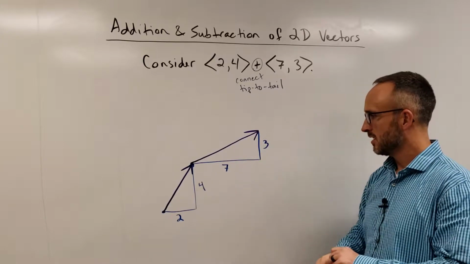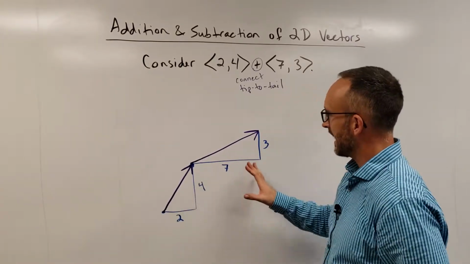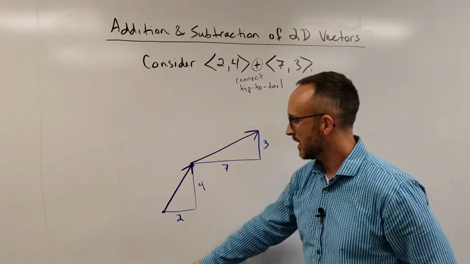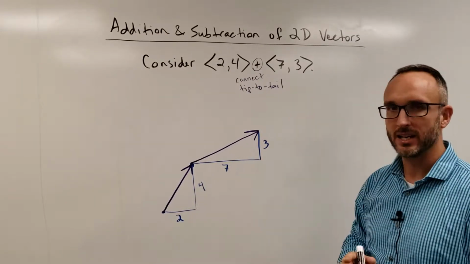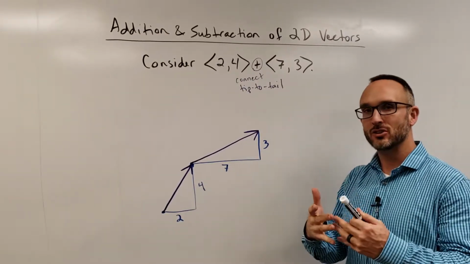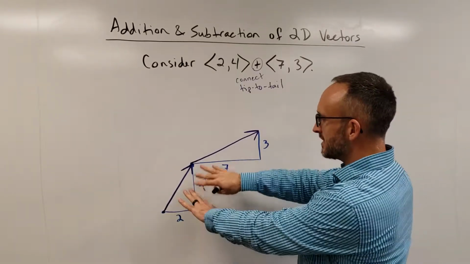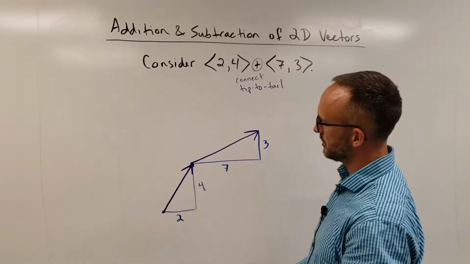Okay? So this is what you get. This is the diagram you get when you look at stacking the vectors tip to tail, because we're adding them. But what is the answer to 2, 4 plus 7, 3? Well, it's this new vector that we get. The new vector that we get circumvents everything happening in the middle and says, okay, where did this system of vectors start originally?